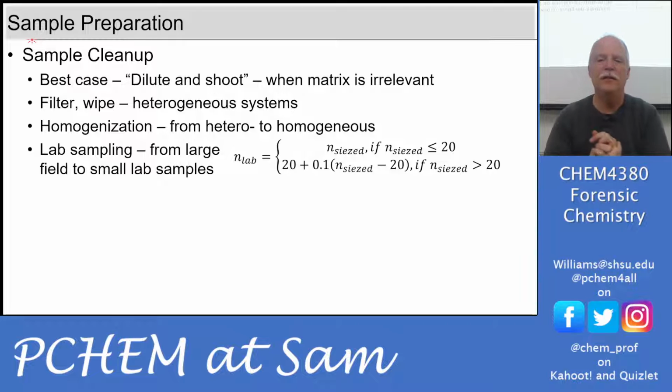So there are two conditions in this to determine how many lab samples you have. Our example was if you have 100, then you would analyze 20 of those, and that leaves 80, and you'd analyze 10% of that 80, so that's 8. So you would analyze 28 lab samples to characterize 100 packets or 100 bottles or 100 whatevers.